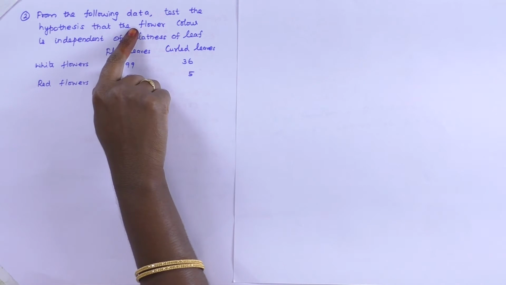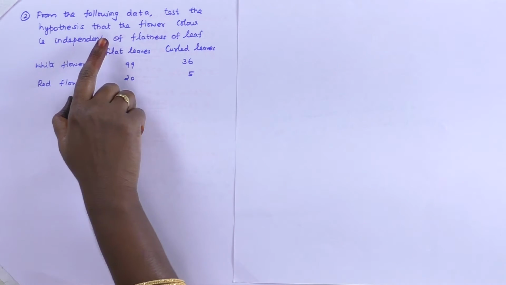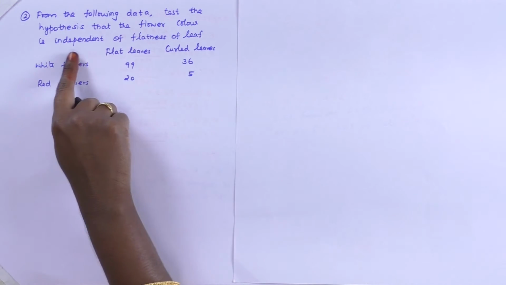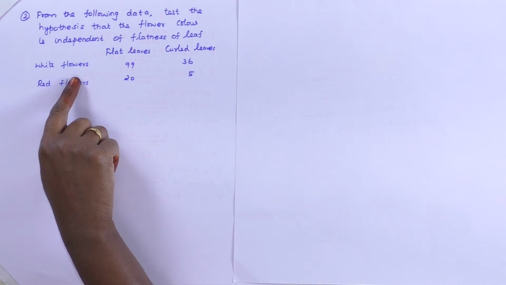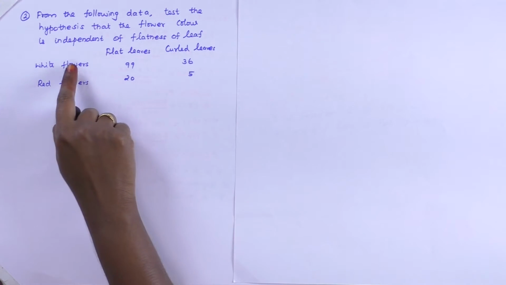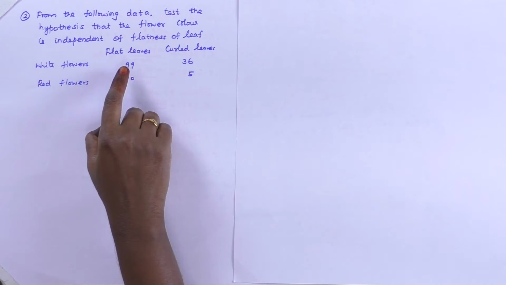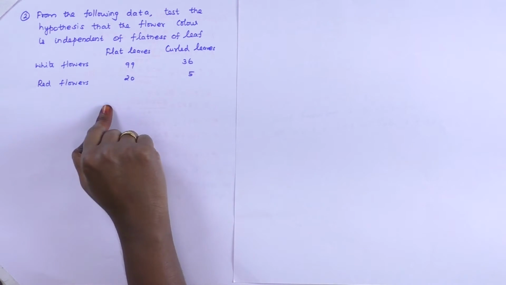Second problem, based on chi-square distribution, independence of attributes. From the following data, test the hypothesis that the flower color is independent of flatness of leaf. One category is leaves, another category is flowers, so a 2 by 2 contingency table arises here.